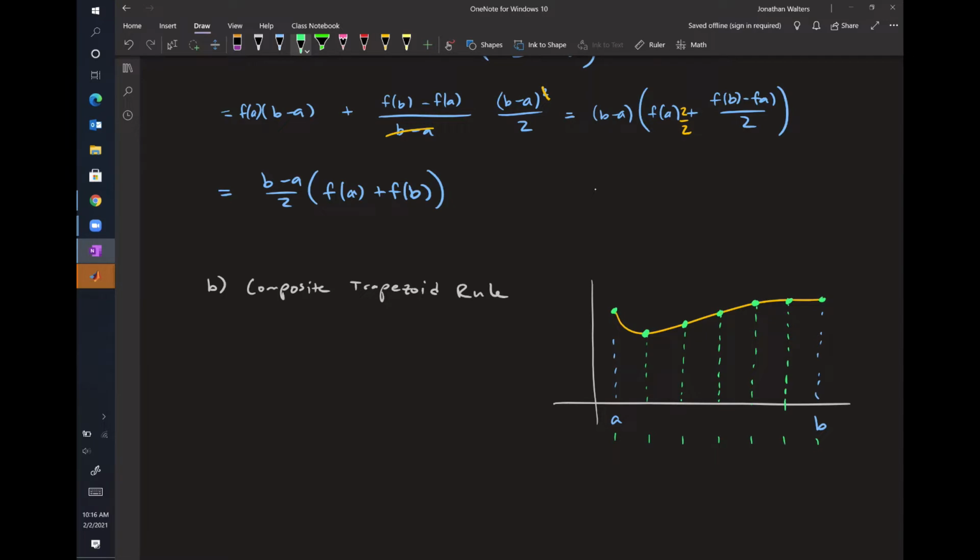So we use a different interpolating polynomial over each subinterval. And we can see here it's doing a pretty good job of approximating our function. So we use a linear interpolating function over each subinterval.